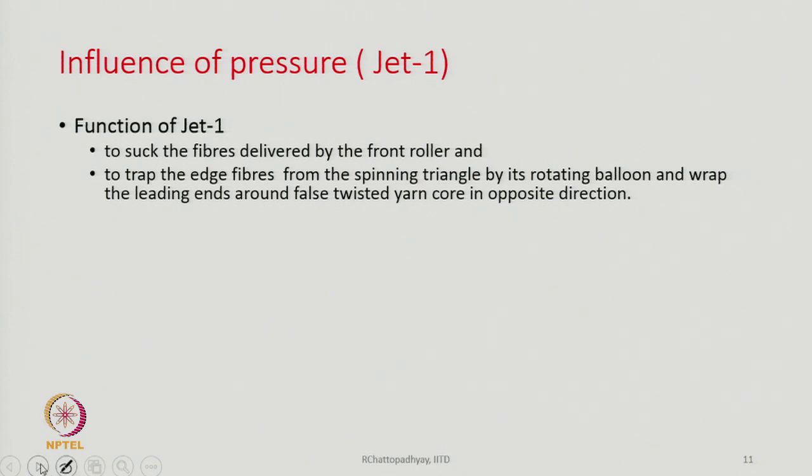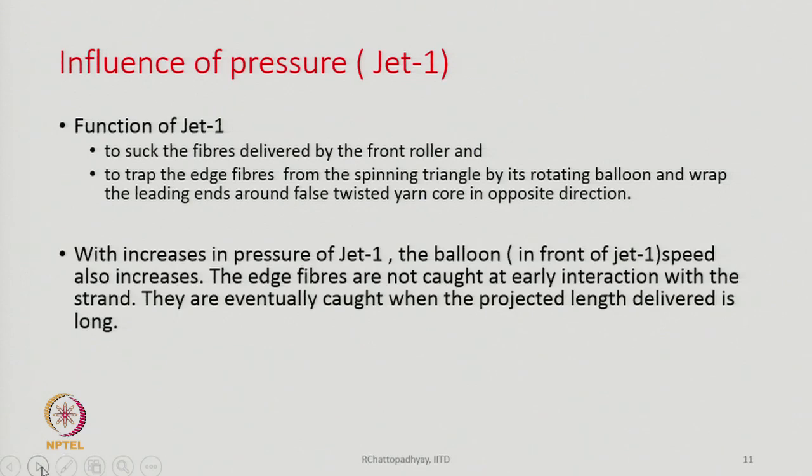So, the function of the jet, just to recall what we have already discussed earlier, is to suck the fiber delivered from the front roller. Because compressed air is injected in jet 1, a vortex is created, and a component velocity of the vortex drives the air through the central channel.